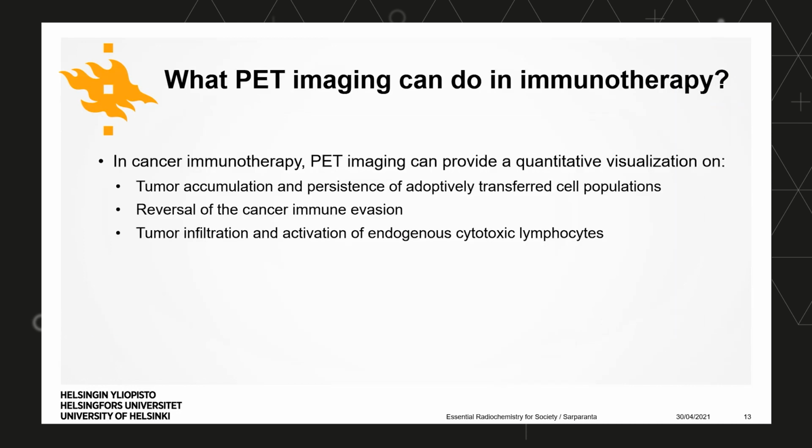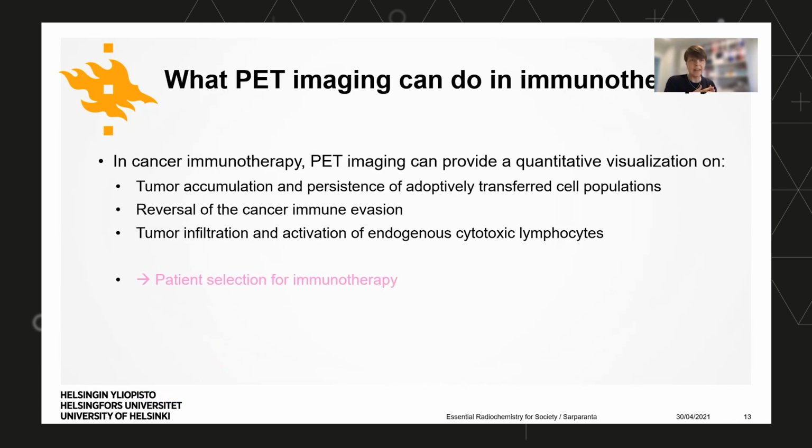So now the question is, what can PET do in immunotherapy to improve this? In cancer immunotherapy, PET imaging can provide quantitative visualization of the tumor accumulation and persistence of adoptively transferred cell populations. We can visualize the reversal of cancer immune evasion. And furthermore, you can look at the tumor infiltration and activation of endogenous cytotoxic lymphocytes, so CD8-positive T cells and NK cells.